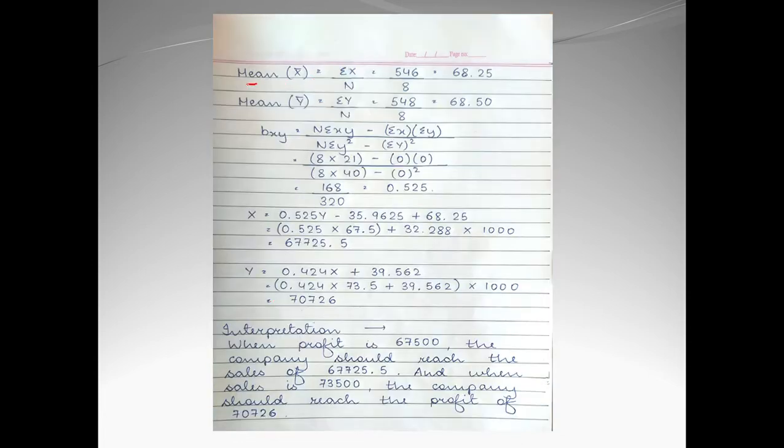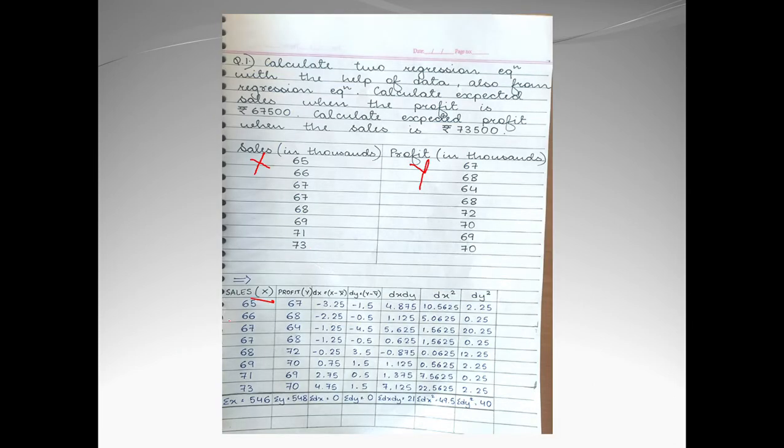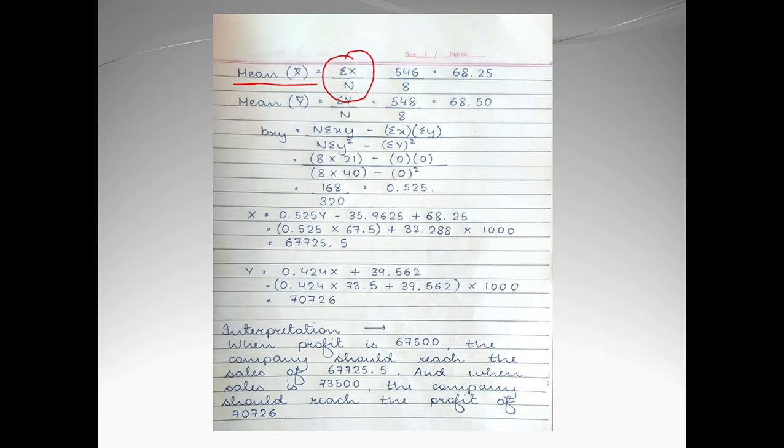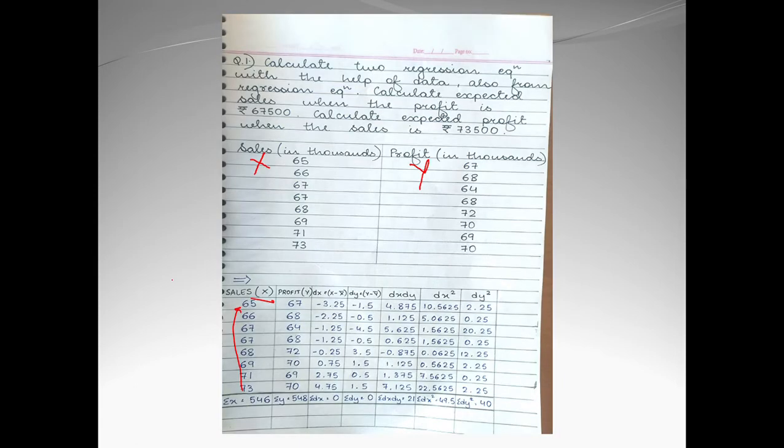The mean of x series would be the summation of that whole x series divided by n. So here we'll be adding up all these numbers, that is 546, and after that we will divide it by 8, the total number of this series.